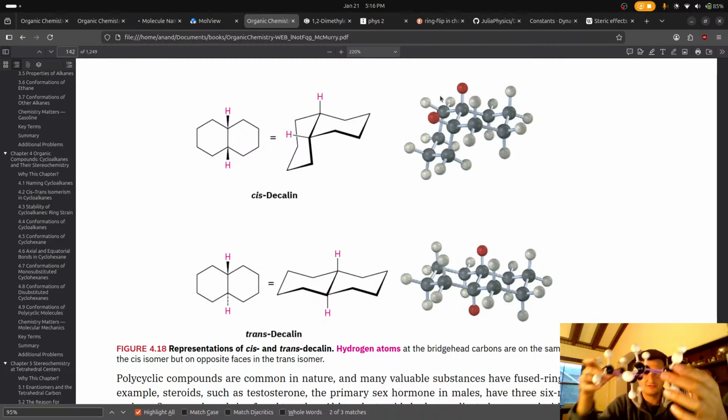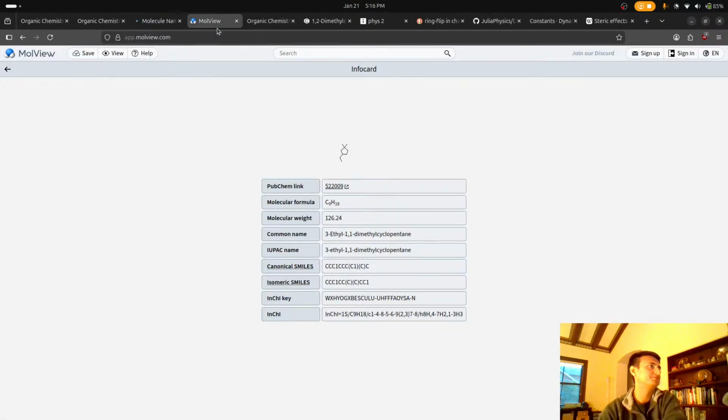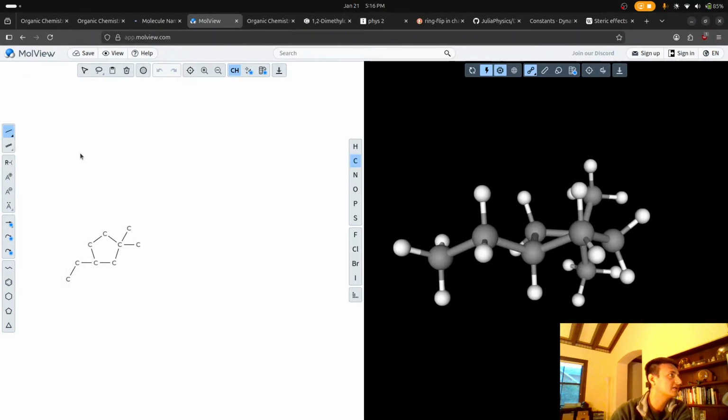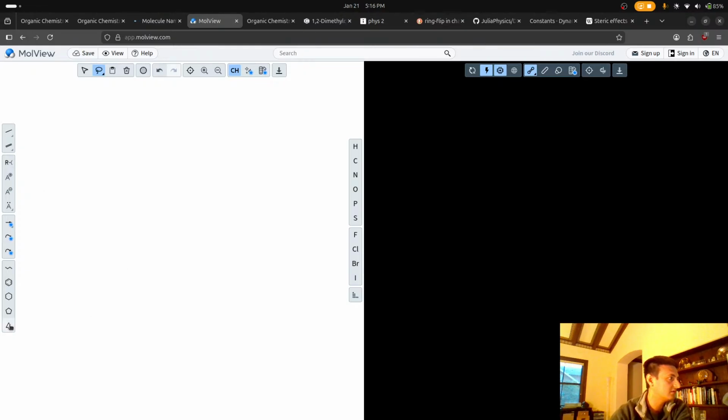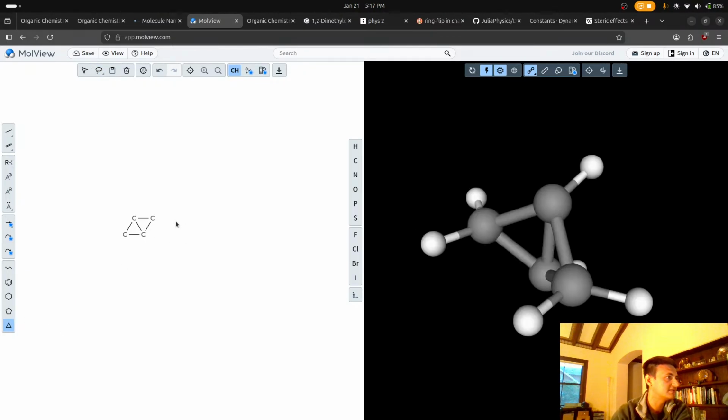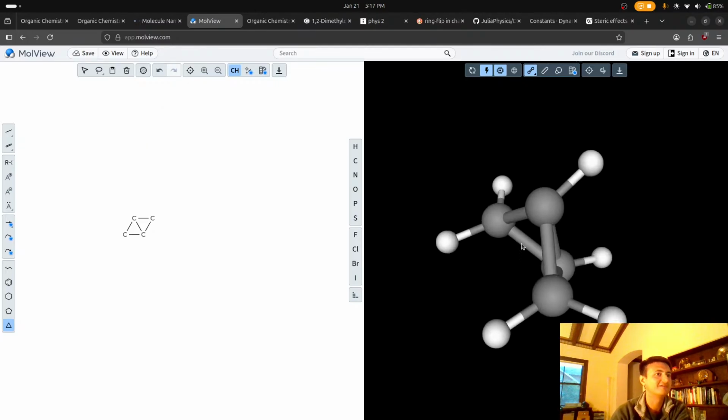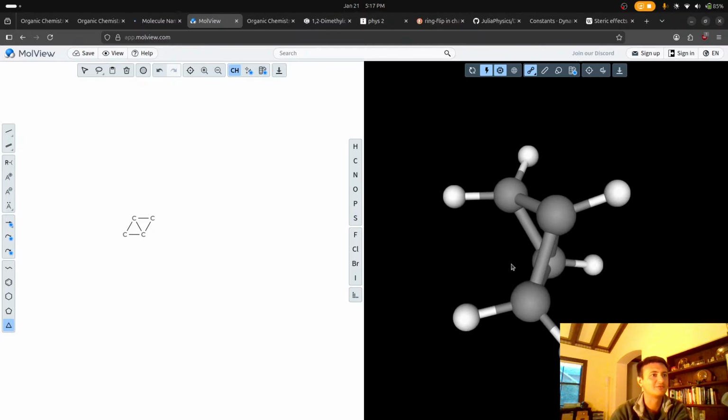Okay. The simplest. Well, not the simplest, because you could probably have, ooh, what is that called? If we go back and we draw like this, like this, what is that called? That's a weird molecule.